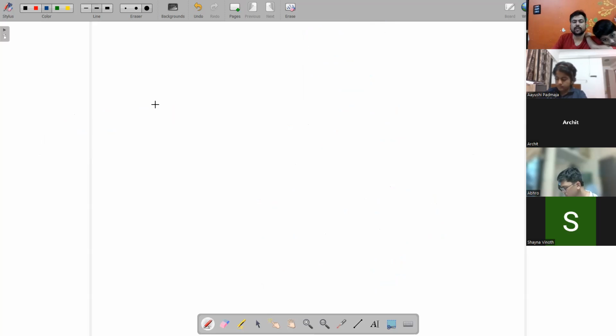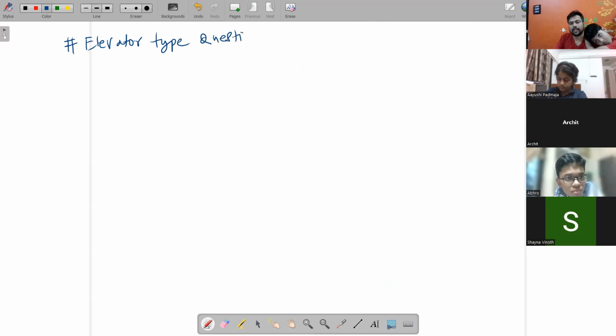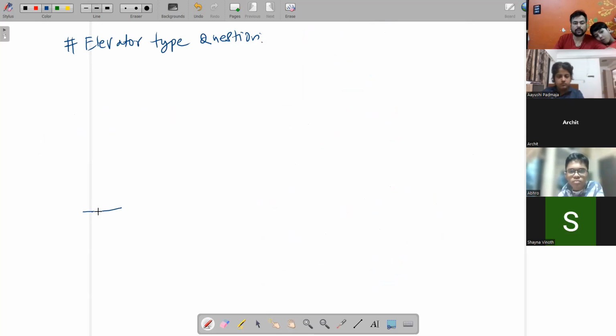Okay. Let's take one question on elevator. Elevator type question. Like, we go to a mall, we see an elevator, right? Suppose this is ground. How to draw an elevator? Like this.